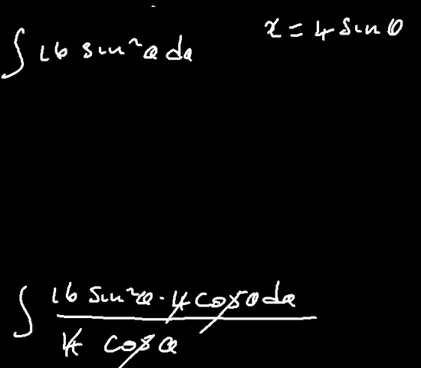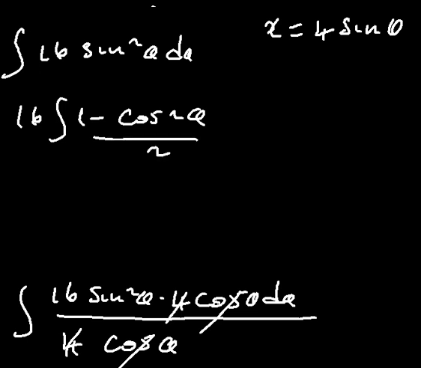Having sin square theta, that is the same as, taking 16 out, the integral of 1 minus cos 2 theta over 2 d theta.